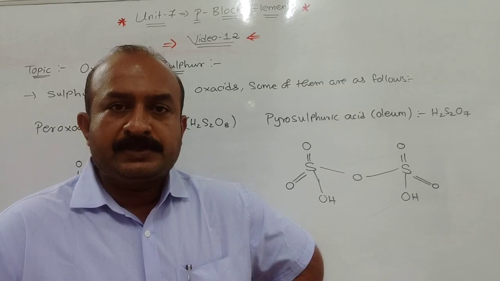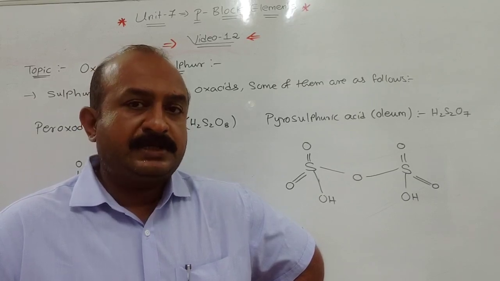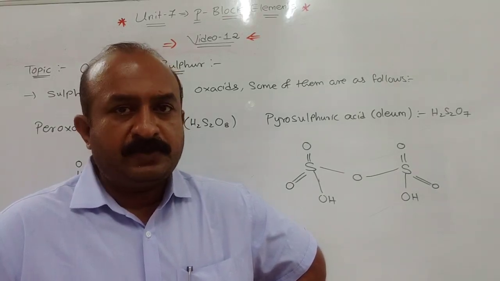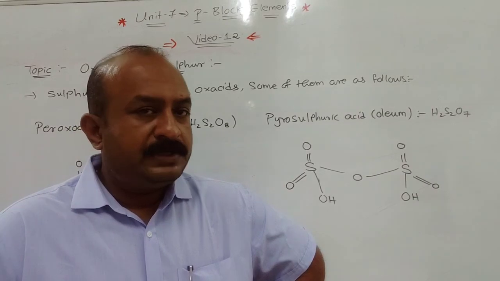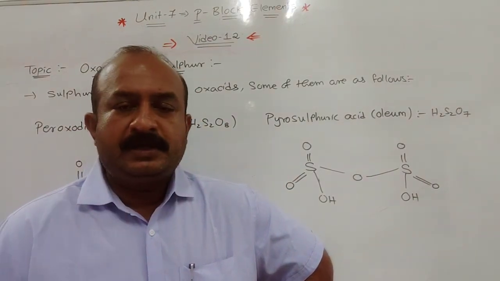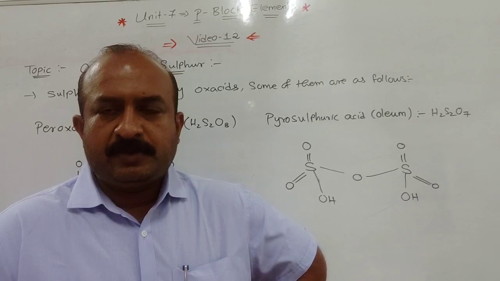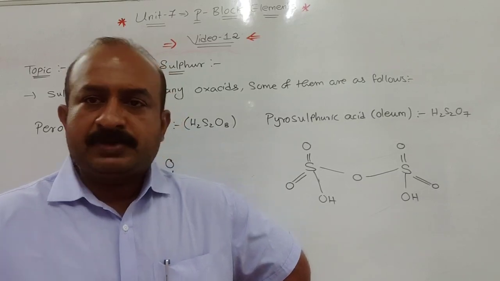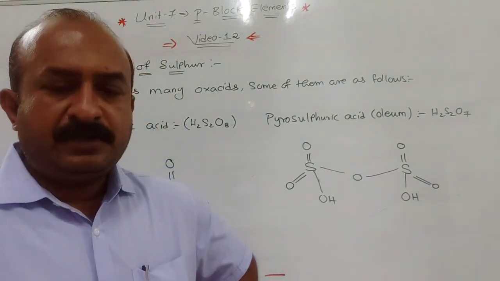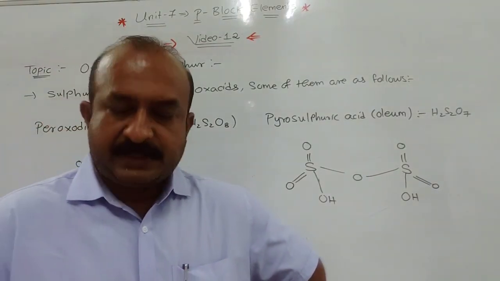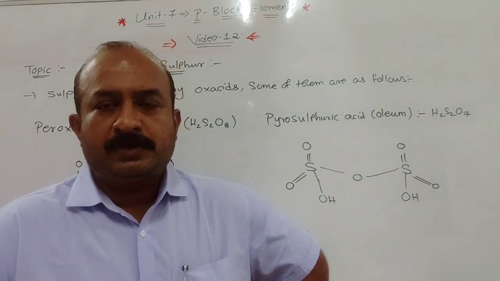When we talk about properties, the maximum questions are asked on the properties of sulfuric acid. Many oxoacids can be formed of sulfur, but only 4 structures are given and for the remaining only formulas are given. Based on that I have written this on the board.